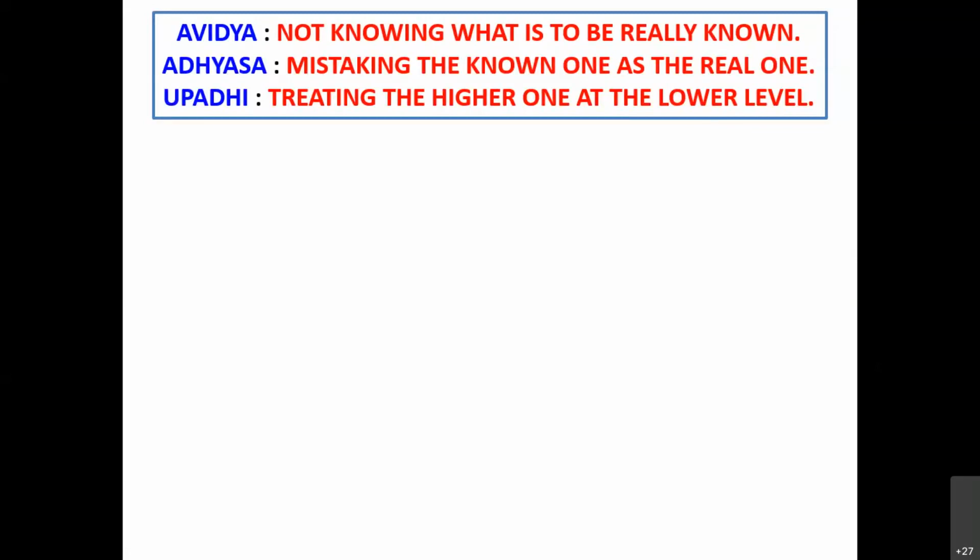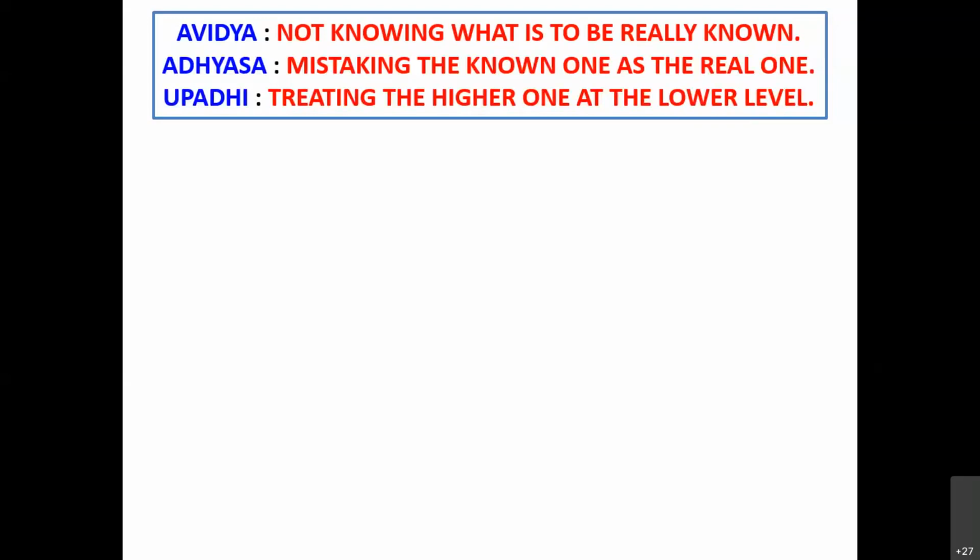Which means whatever has to be really respected, whatever has to be really known, whatever has to be really acclaimed, for which such value is not given, whatever need not be acclaimed, that is being praised. I gave an example of today's festival. Today's Varamahalakshmi Vrata, whatever has to be really acclaimed, the mental purification, physical health, mental health, that has to be acclaimed.